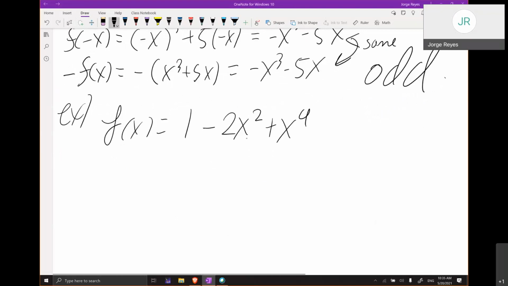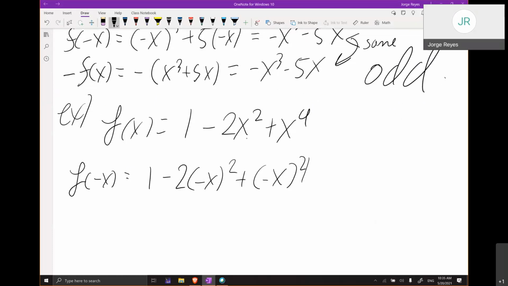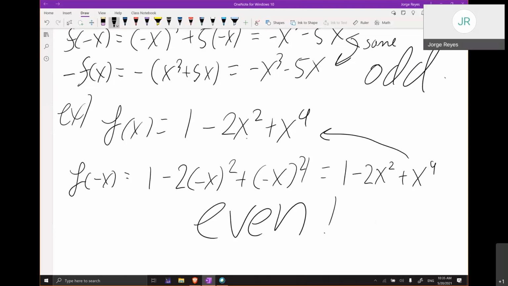Well, step one, plug in negative x and see what happens. We know that x squared is even and x to the fourth is even. So 1 minus 2x squared plus x to the fourth. And then we're like, look, it's the same. So the function is even.